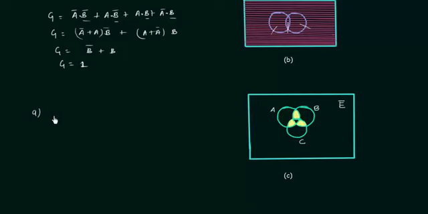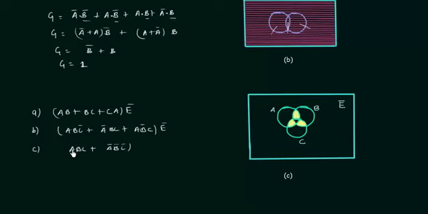The first option is AB or BC or CA. Option B is A B C complement, or A complement B C, or A B complement C. Option C is A B C or A complement, B complement, C complement.